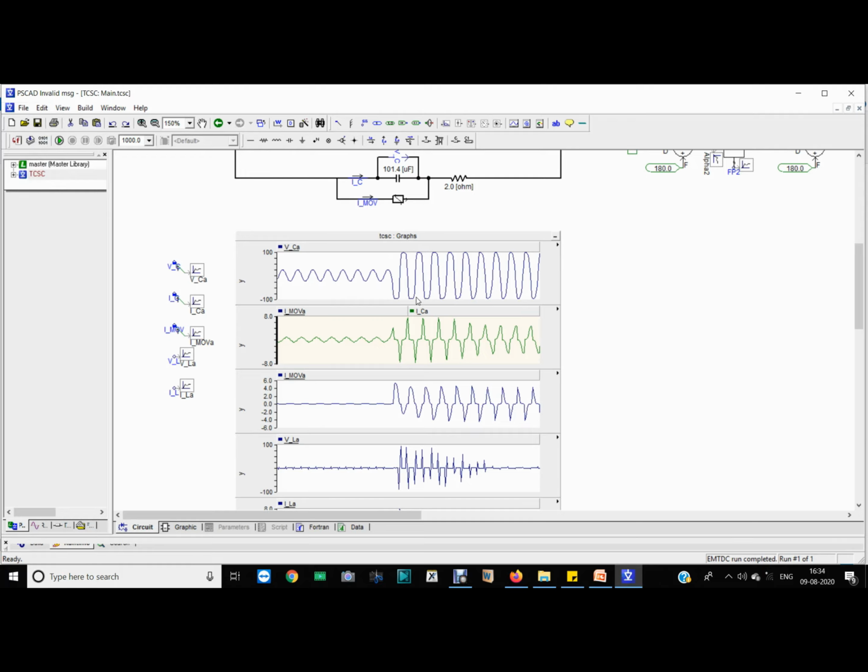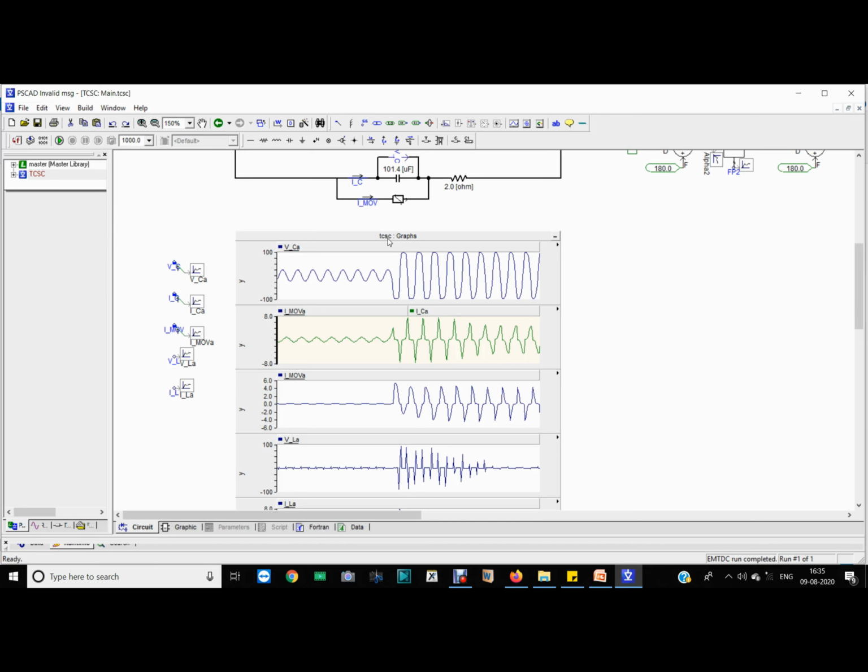Up to some certain voltage the voltage across the capacitor will not exceed during fault condition. Whatever we have given in the MOV reference voltage, this will not cross the voltage across MOV, means actually the voltage across the capacitor, because no other components are connected with the MOV.